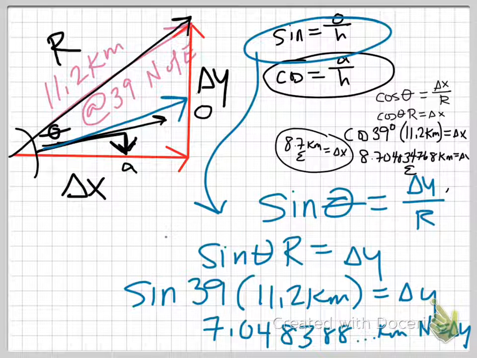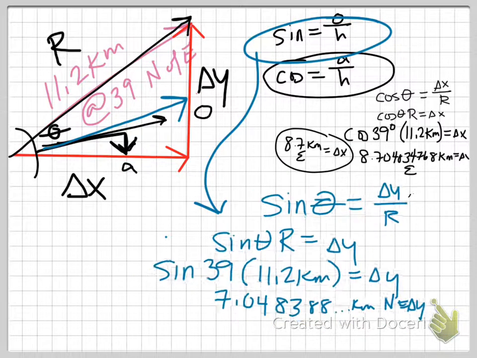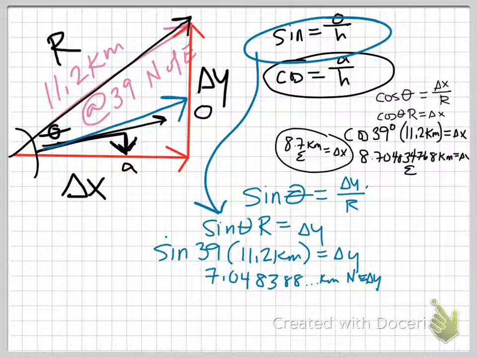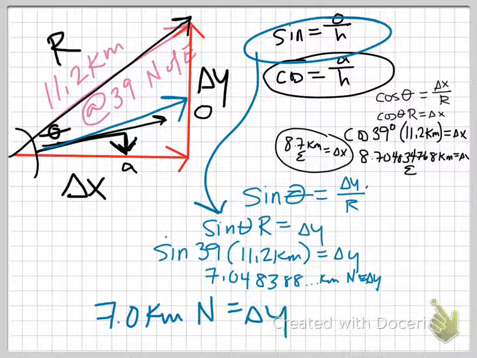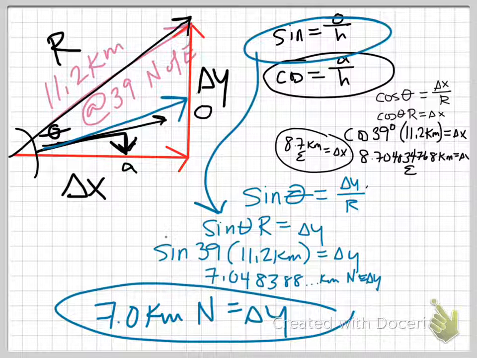Okay, so I get a raw answer of 7.0483 on and on kilometers north is my delta y. When I sig fig that, I'm going to get 7.0 kilometers north equals delta y. Okay? Pretty straightforward.